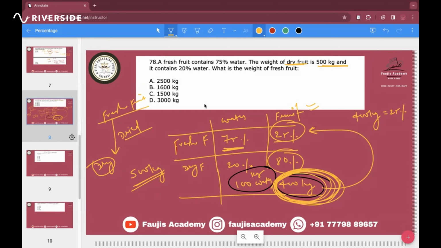So can we write that in the fresh fruit there was 400 kg of fruit, which was equal to 25%? Can we write it like that? Yes, sir. Overall, in the fresh fruit, the flesh part was 400, and this flesh part will be equivalent to 25%, isn't it?